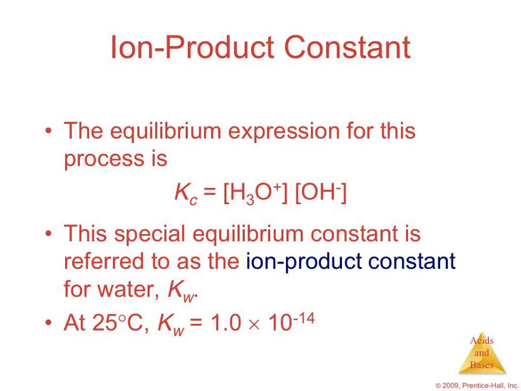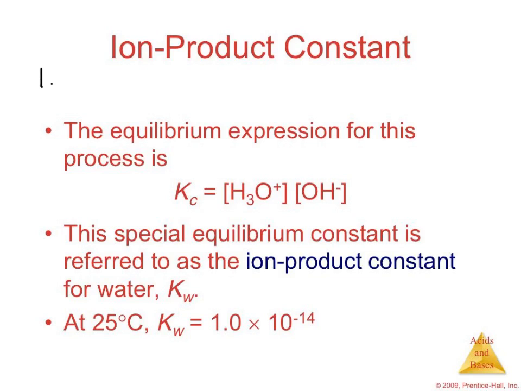Another sample exercise here, sample exercise 16.5, says calculate the concentration of H plus in a solution where the OH minus is 0.010. Let me erase some of this stuff here. Okay, so what we know here is that the OH minus concentration is 0.010 molar.